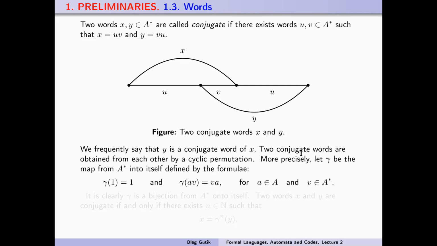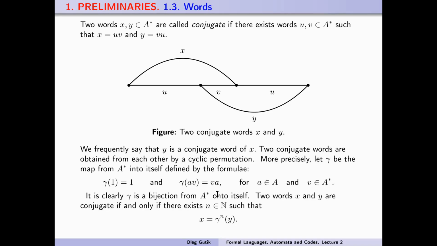More precisely, let gamma be the map from A star to A star defined by the formula: the image of the empty word is the empty word, and gamma of aV is equal to Va for a letter a from A and a word V from the free monoid A star. It's clear that this map is a bijection from A star to A star.